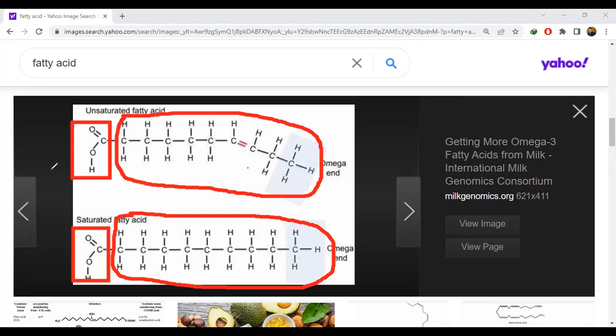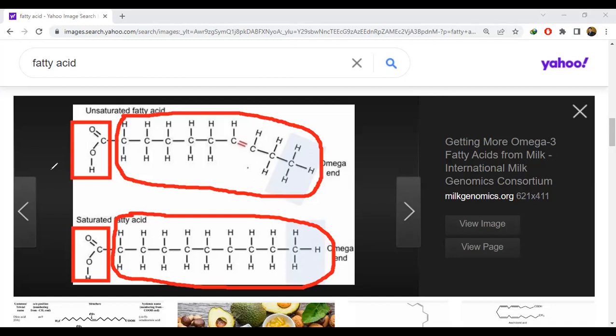In the hydrocarbon chain, between carbon atoms, if at least in one place there is a double bond, then it comes under what kind of fatty acid? Unsaturated fatty acid.